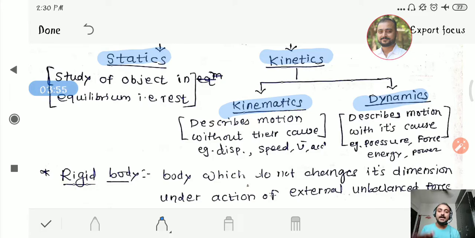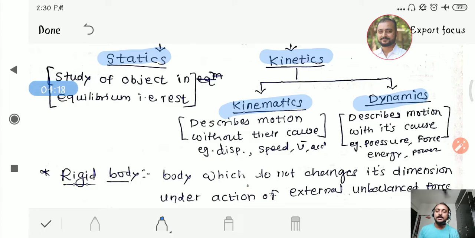But in case of dynamics, dynamics is the branch of physics or mechanics which deals with the study of objects in motion. When the objects are in motion, we are interested in studying the reason behind them, or the cause of the motion. Understood what I am saying?